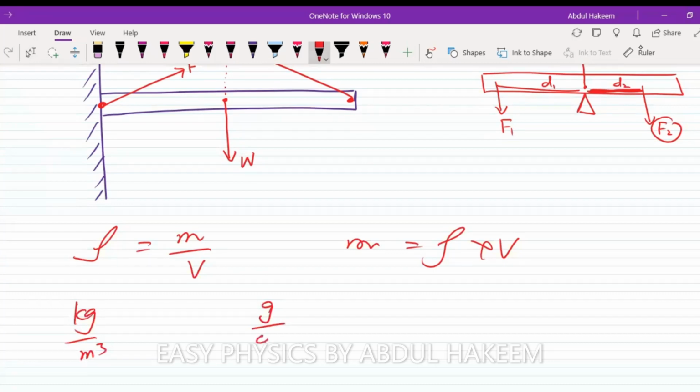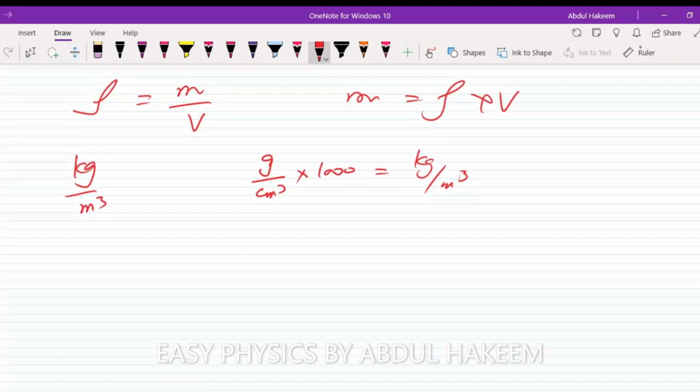If it is given in g per centimeter cube, multiply it by 1000, it is converted into kg per meter cube. And pressure then, pressure is equal to force divided by area. It is measured in Newton per meter square, which is called the Pascal.